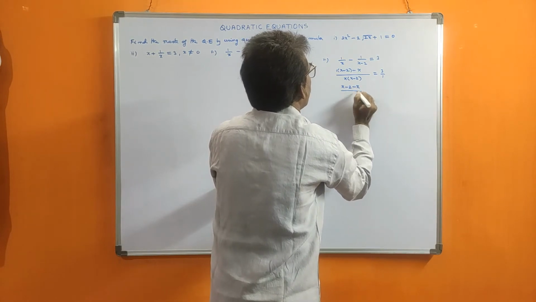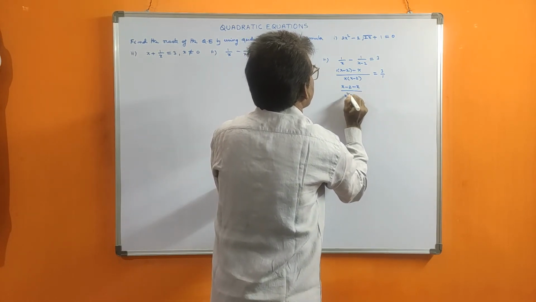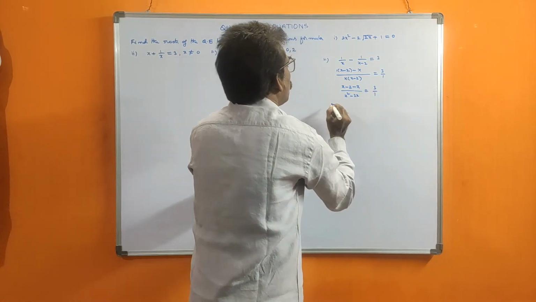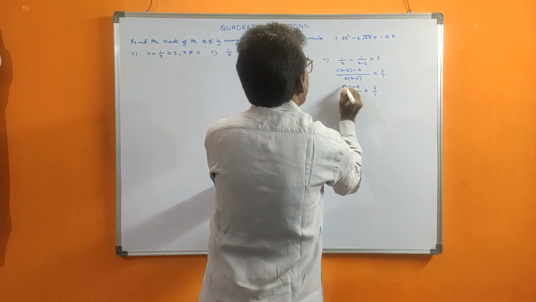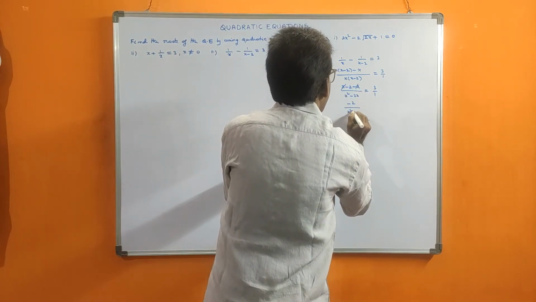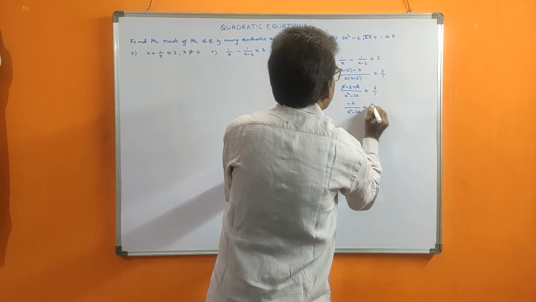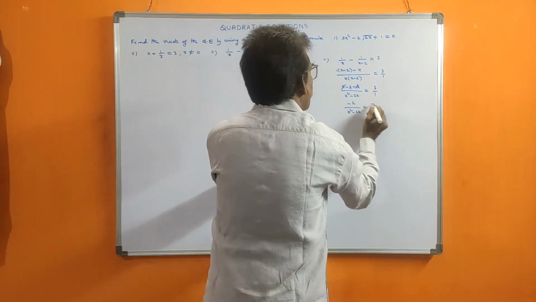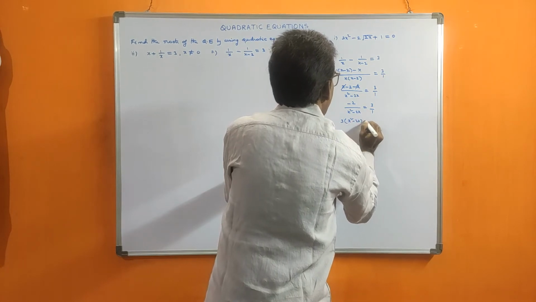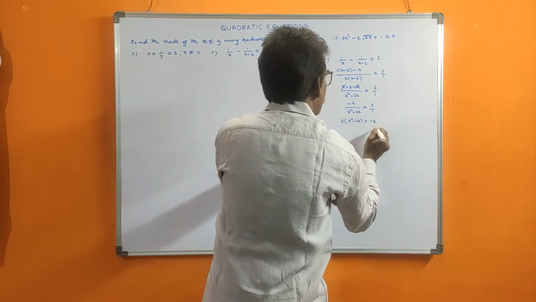This x into x, x square minus 2 into x, 2x is equal to 3 by 1. Now this one plus x minus x cancel, minus 2 by x square minus 2x is equal to 3 by 1. By cross multiplication, 3 into x square minus 2x is equal to minus 2 into 1, minus 2 only.